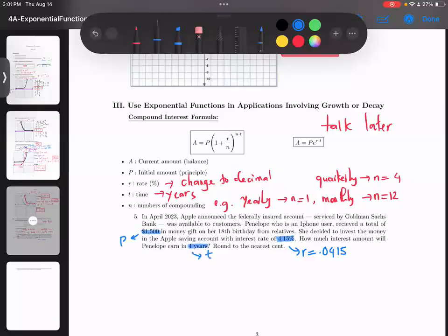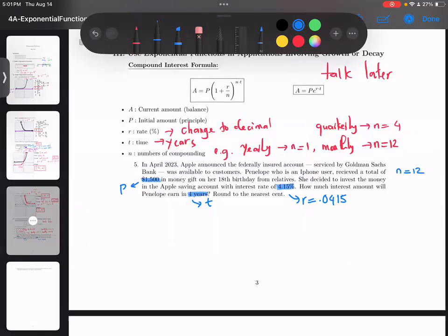And what is the number of compoundings? I didn't give it to you. Apple compounded. They give you the interest money each month, so they compound monthly. So N equals 12. My bad, I should have given it to you. All right, let's plug it in and calculate. A equals P(1 plus R over N) to the NT.